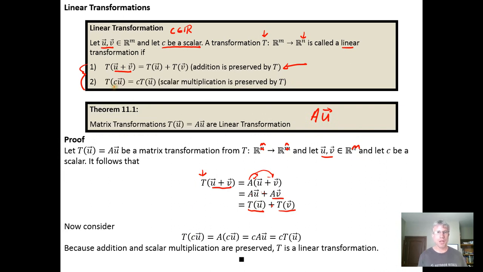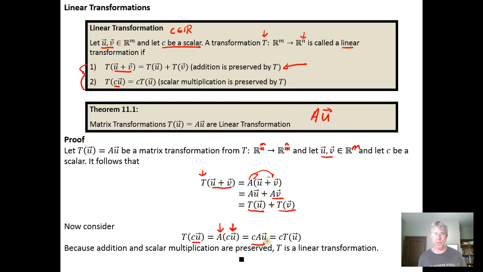So this says, what if we scale the vector first, we want to get the same thing as if we scale the transformed vector. So here, scale the vector first and then transform it, but transforming the scaled vector is the same as multiplying the matrix A times the scaled vector. And we've already seen earlier in the semester that the scalar can be factored out front.